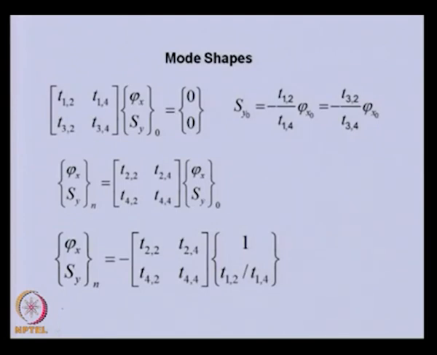For the mode shape, once we have obtained the natural frequency, we can come back to this equation, and if we expand this equation, the first equation will give this term, similarly the second equation will give this. So, we can use any of them here.